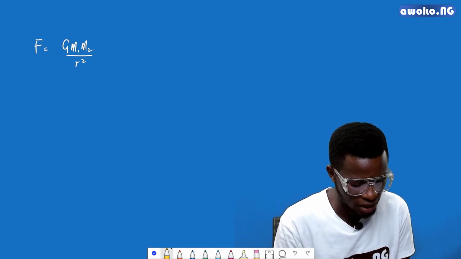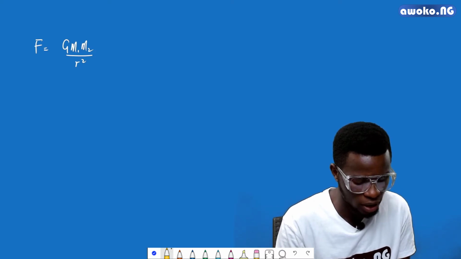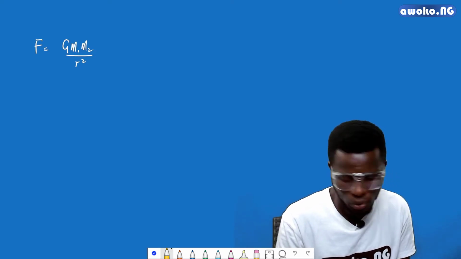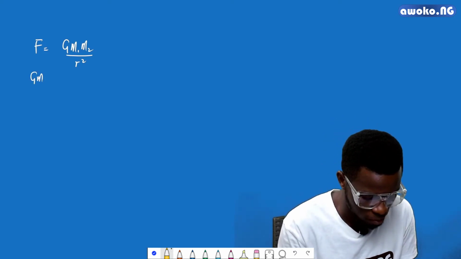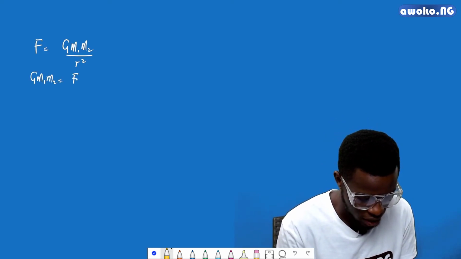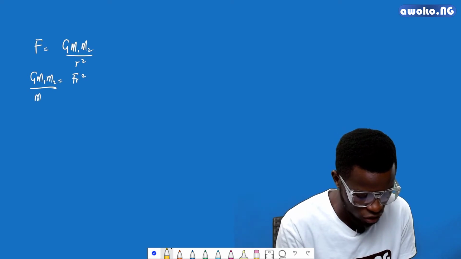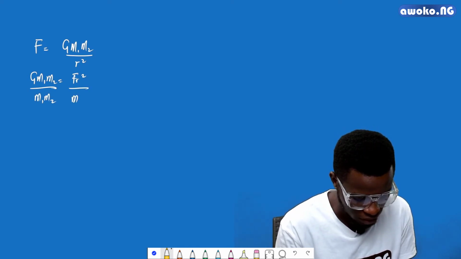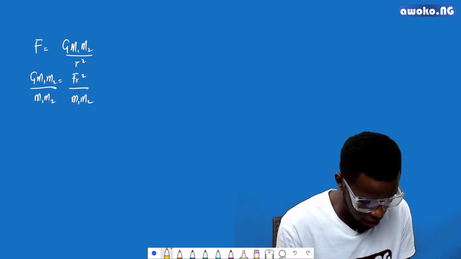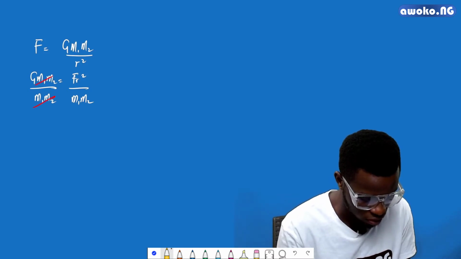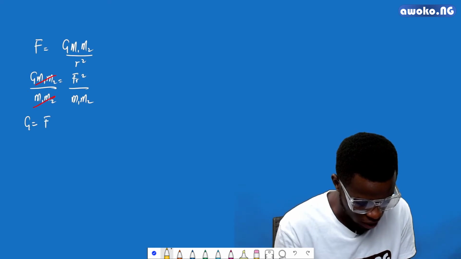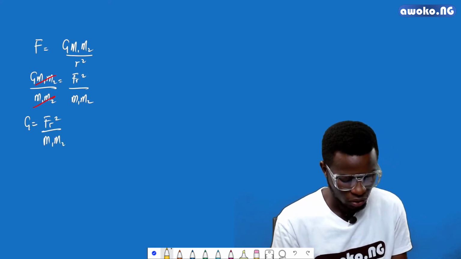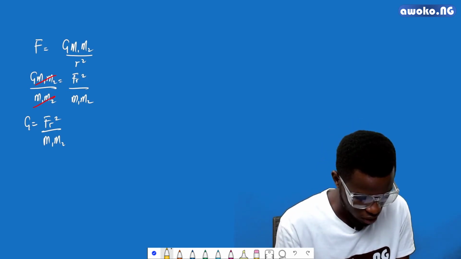We can make G the subject of the formula: Gm1m2 = Fr squared. Dividing through by m1m2, we are left with G = Fr squared over m1m2.